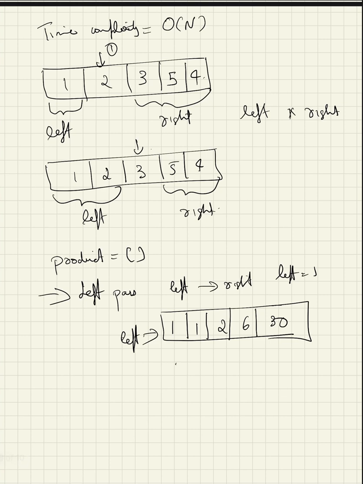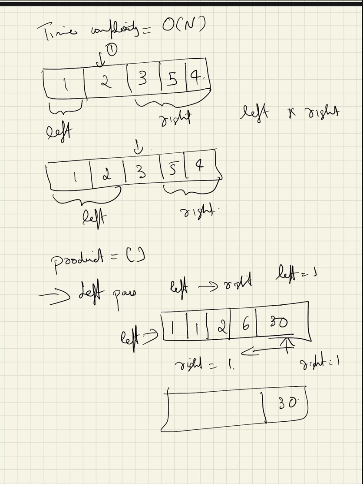Now likewise, we can start the right pass with right equal to 1, and then we move in the reverse direction of the array. Here we mutate the array, start from the end, and start multiplying the elements. We have right set as 1 initially, so it's 30 times 1, which remains 30.